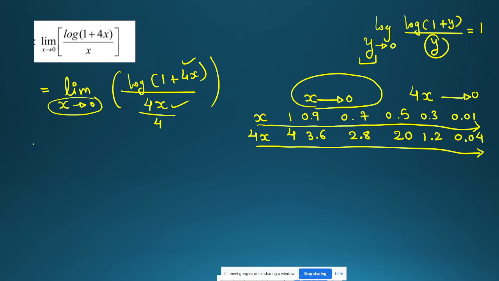Hence, in the next step, what we can do is we can change the limit as limit x tends to 0 था ना, तो हम लोग लिखेंगे 4x tends to 0 because 4x भी 0 की तरफ ही जाता है. Of what?